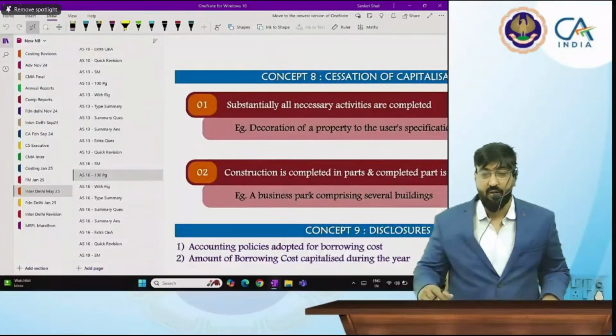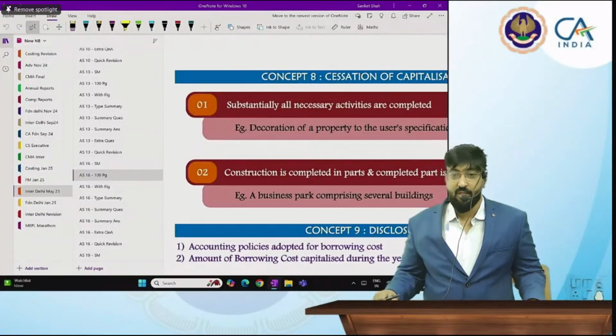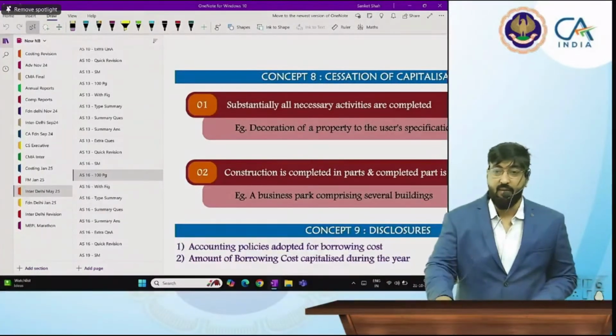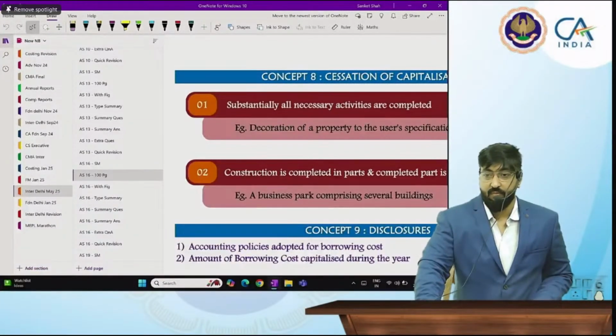I cannot hear you. Do you have a range problem? ठीक है. इट्स ओके. म्यूट कर दीजिए. कोई दिक्कत नहीं.